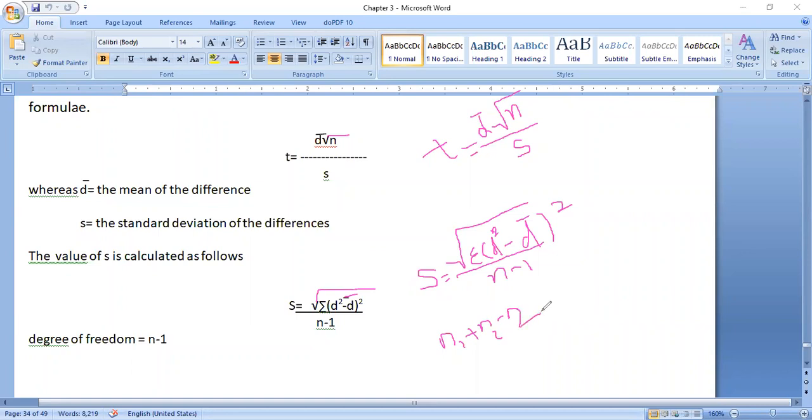Here there are two drugs, drug A and drug B, and both n1 plus n2 values are used. For example, in lab A there are 10 drugs and in lab B there are 10 drugs, so n1 is 10 and n2 is 10. 10 plus 10 is 20, 20 minus 2 is 18, that is your answer. So in the critical value we have to go for 18 and get the critical value.